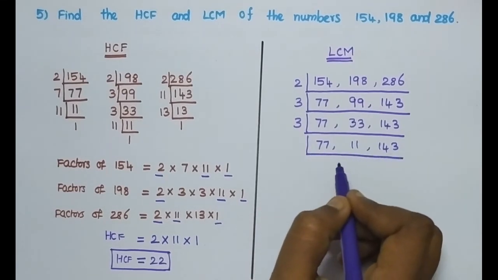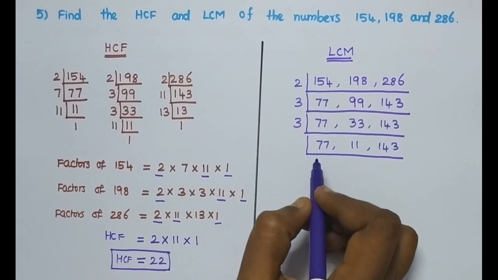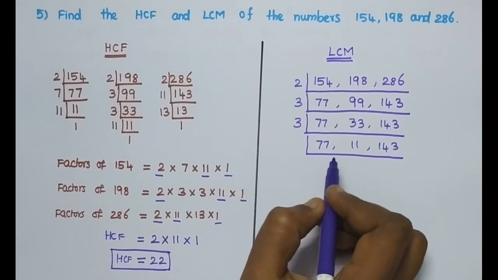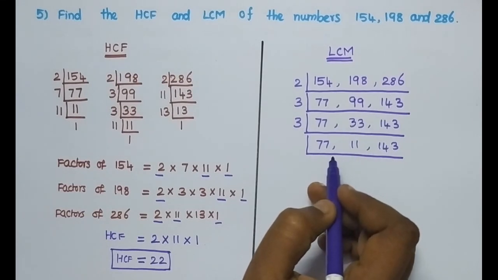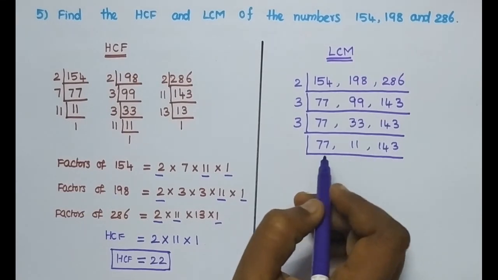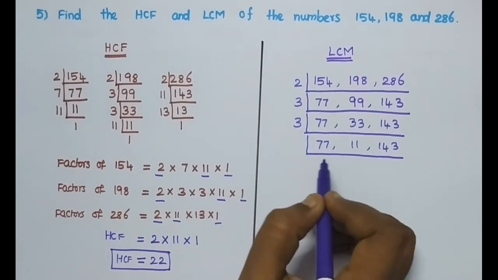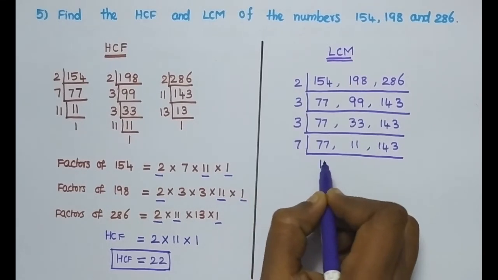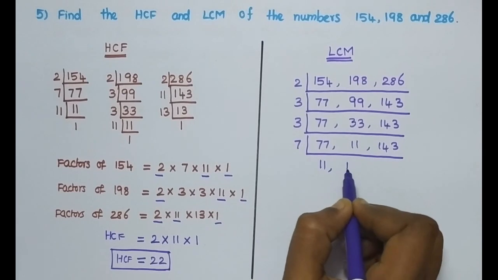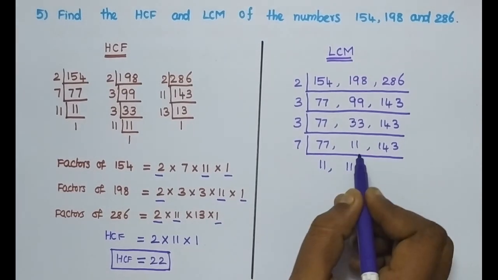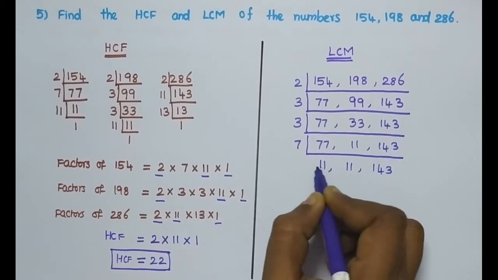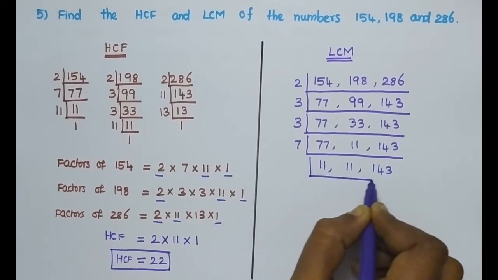Now next least prime number is what? 5. 5 multiples are not there here. And then which one? 7. 7th table. 11 is not possible, 143, write down as it is.